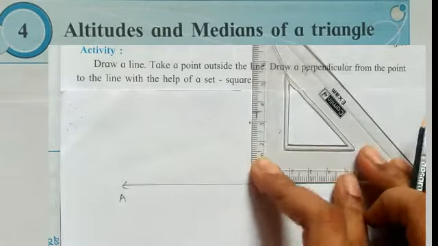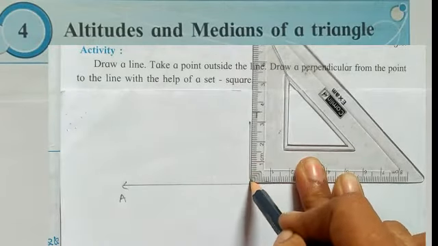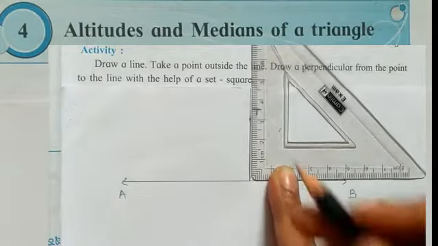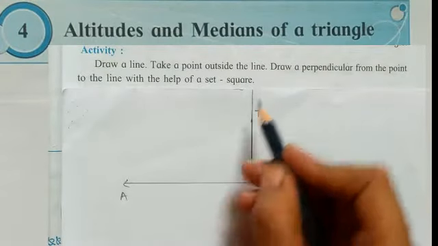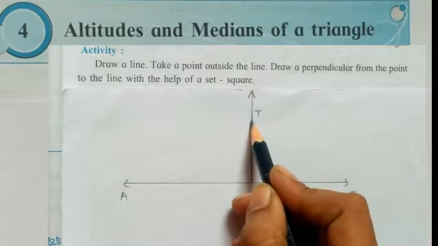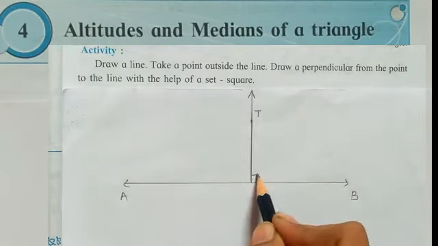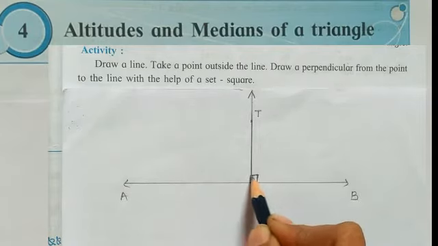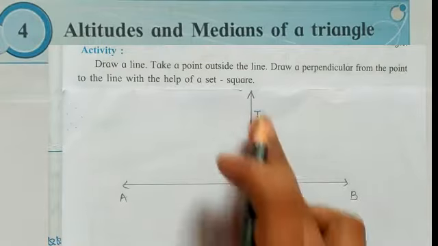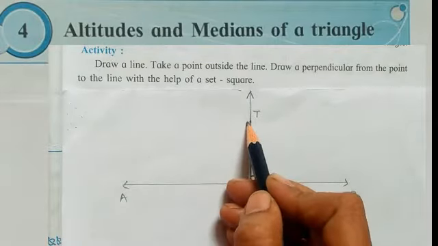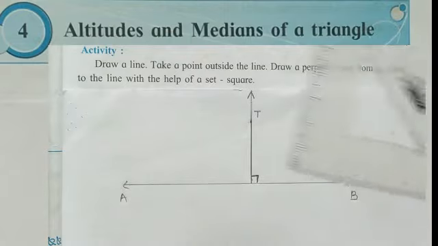Through this way we can draw the perpendicular from point T towards the line AB, which is creating a 90-degree angle here. That's why we are putting the symbol here. So this is the perpendicular from point T towards the line AB with the help of set square.